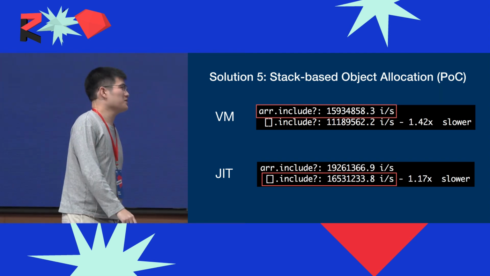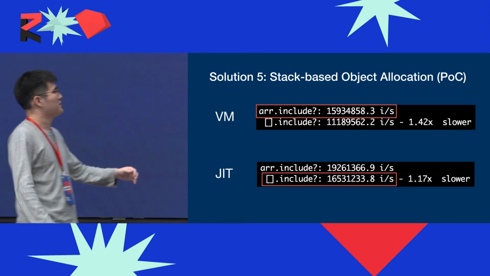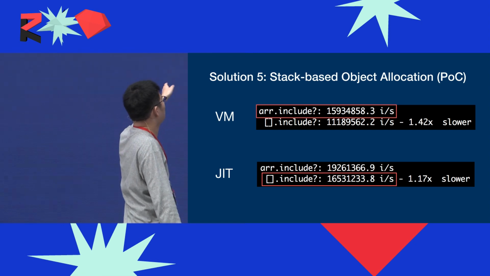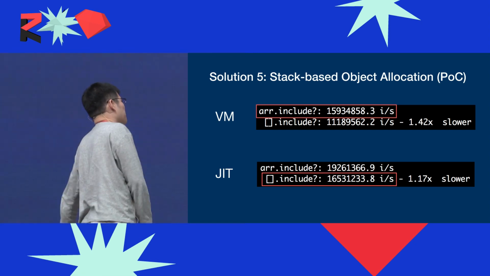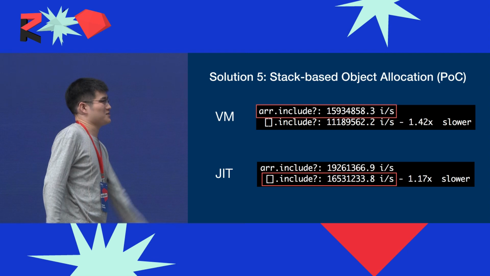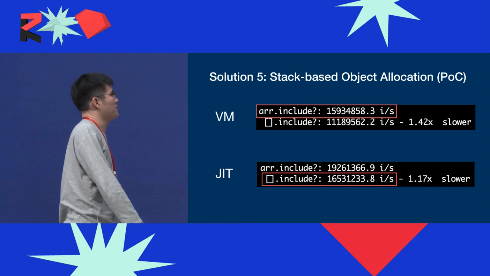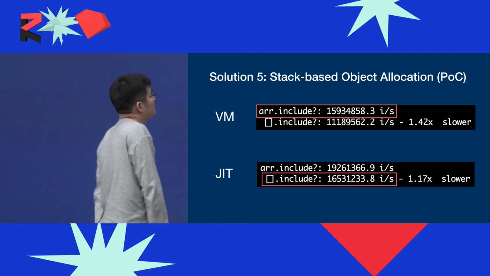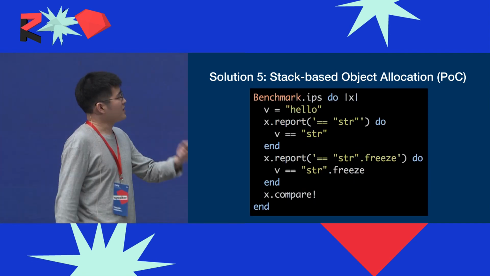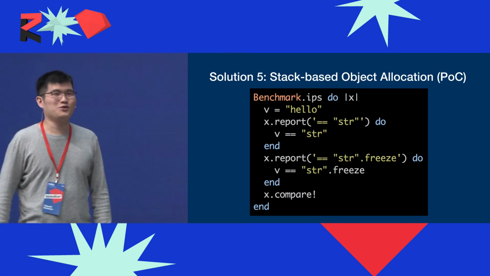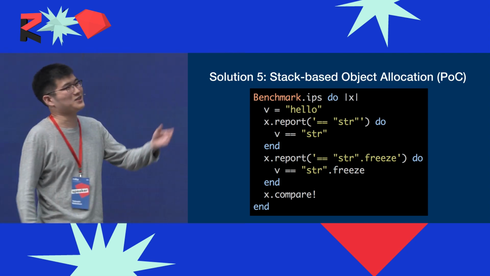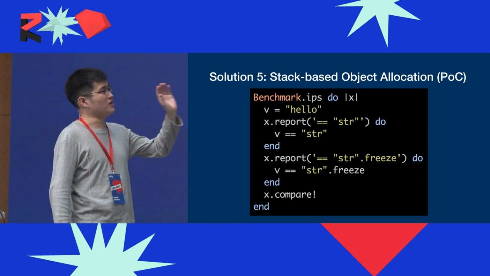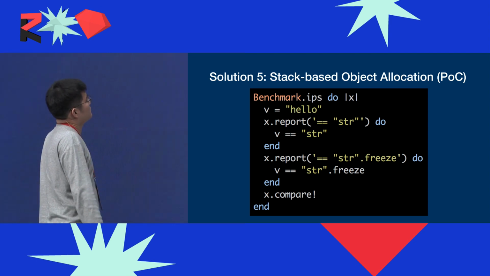So maybe you can forget this kind of minor optimization, but it also improves the cached array include? as well. Anyway, the difference becomes smaller, and so I hope people can forget this kind of minor optimization in Ruby. And another example is that you may like to specify .freeze to avoid string allocation for immutable usages.